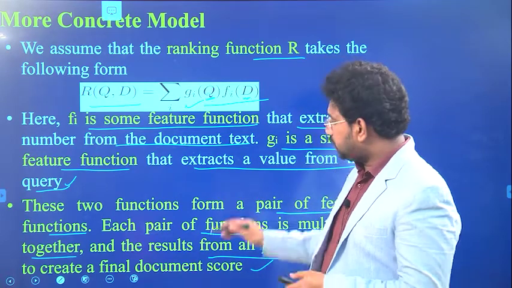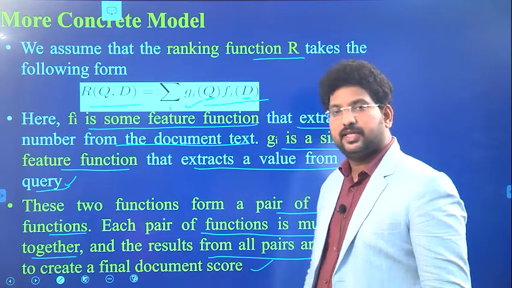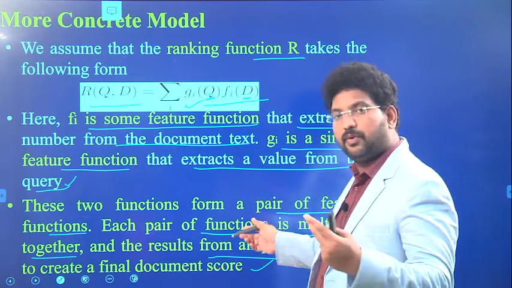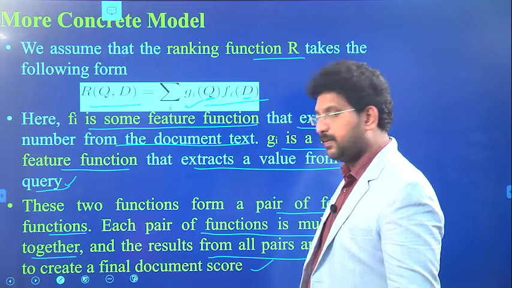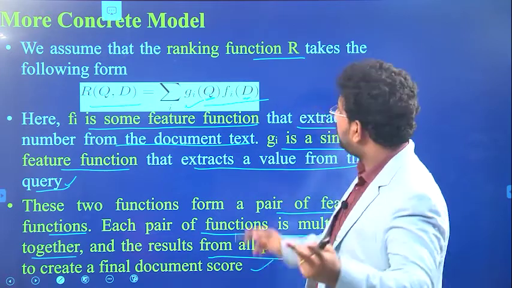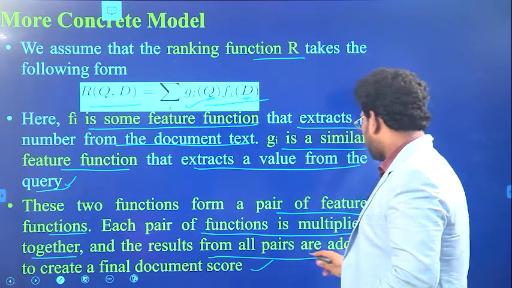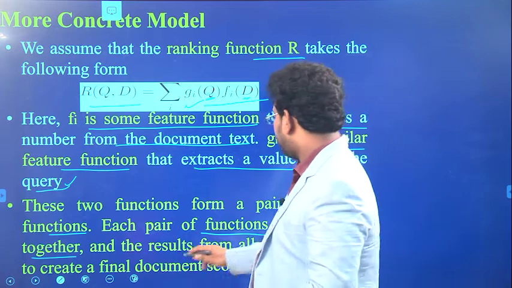Next, these two functions form a pair of feature functions. Each pair of functions is multiplied together, and the results from all pairs are added to create a final document score.